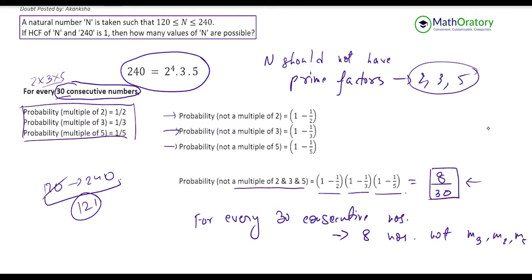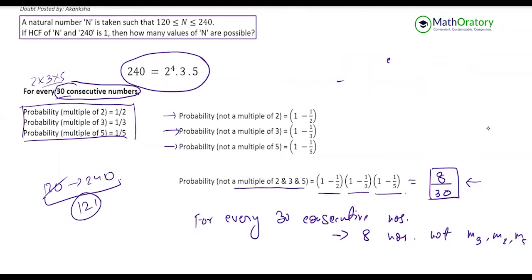So if I ignore this value, I get 120 numbers in total, from 121 to 240. So instead of 120 to 240, I'll consider 121 to 240, because 120 anyhow does not satisfy the condition. From 121 to 240, we have a total of 120 numbers.